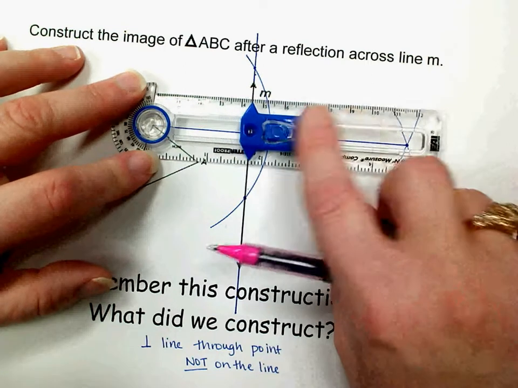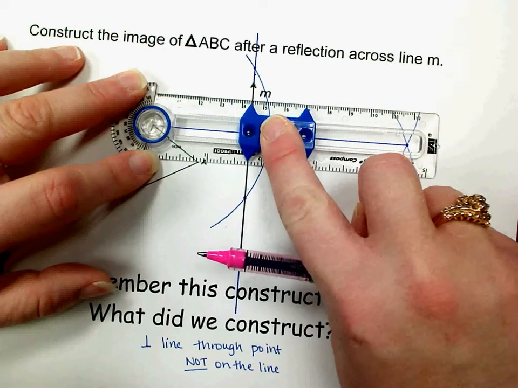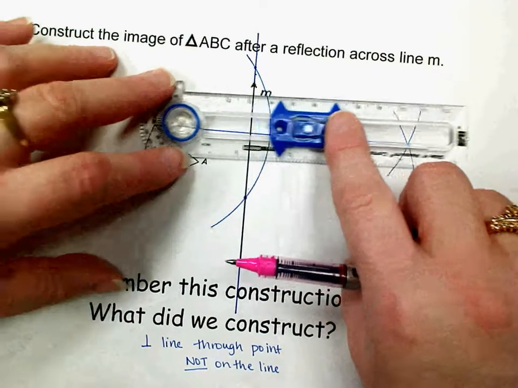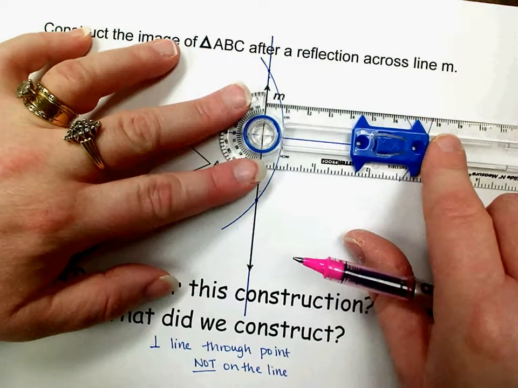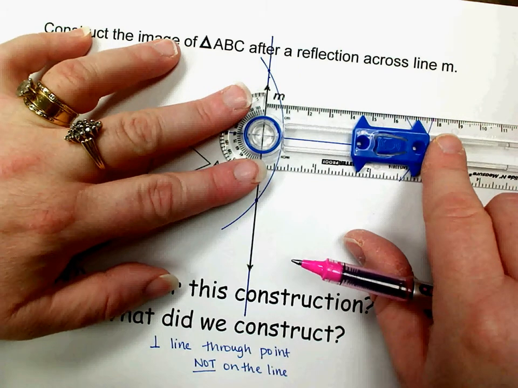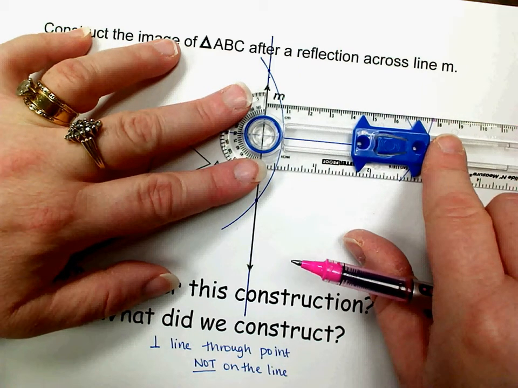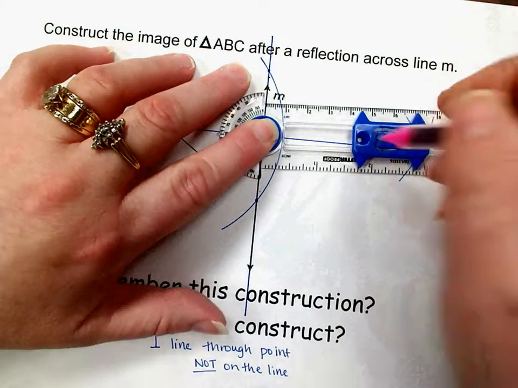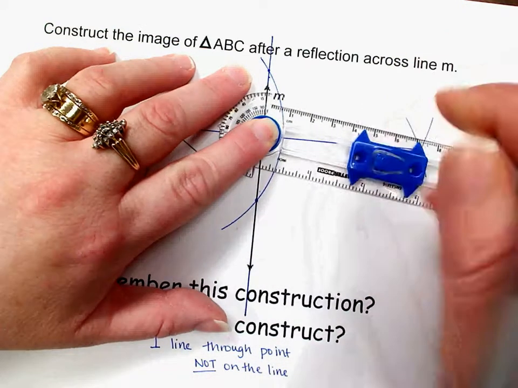That's the distance, not going at a different angle than 90 degrees. So once you have that setting, you can move the point of your compass to that point on the perpendicular line going through line M where those 2 lines intersect, and use that setting to make a single arc through your perpendicular line.